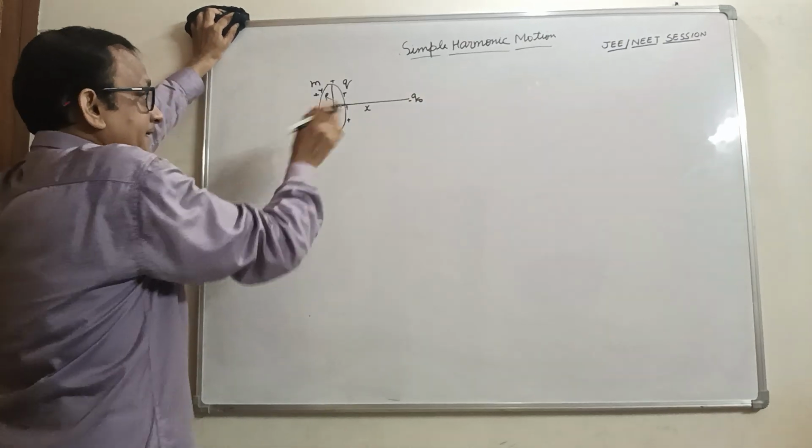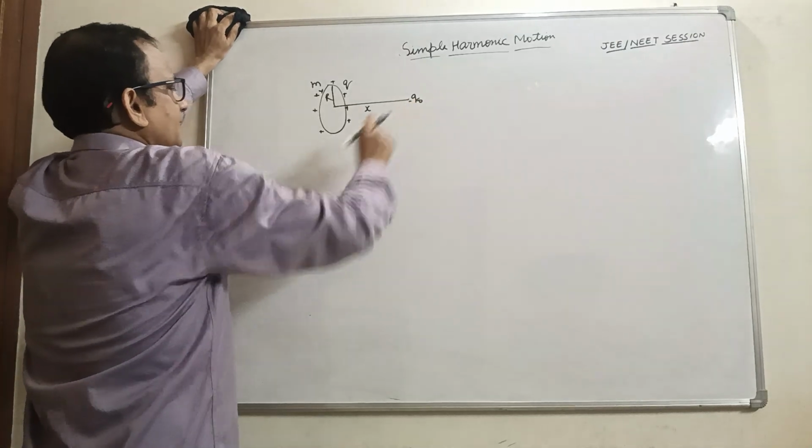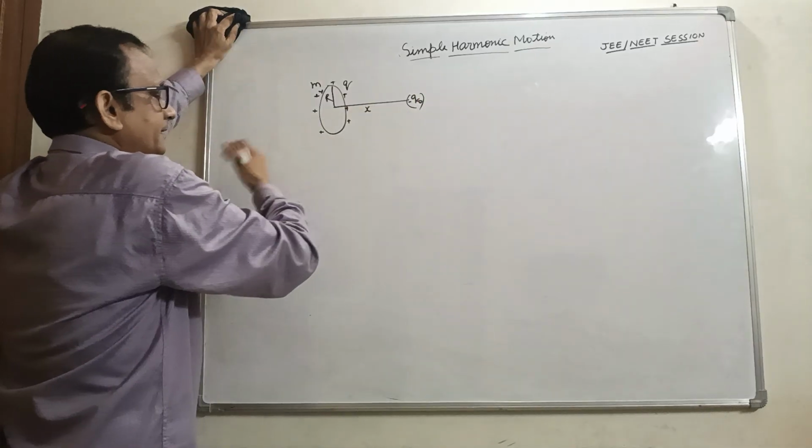So we have to find the time period of the system. This minus q charge oscillates.